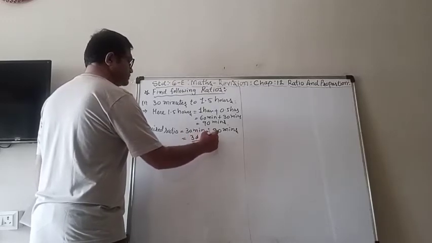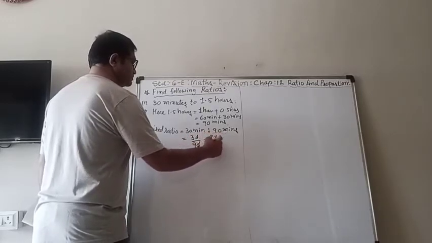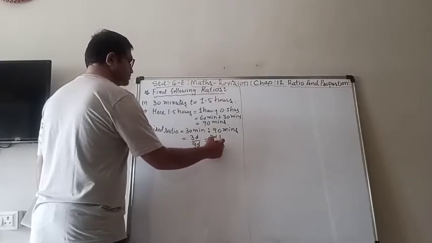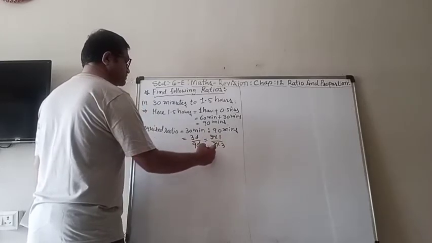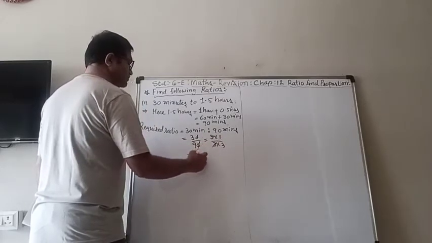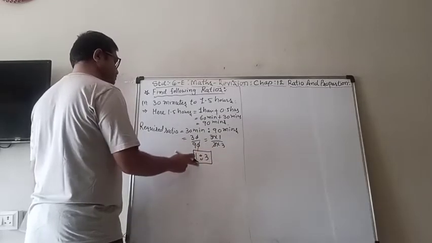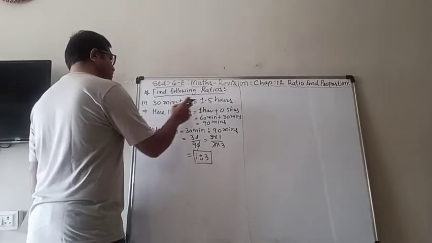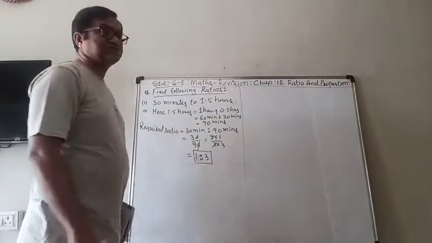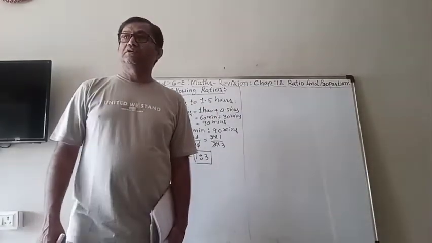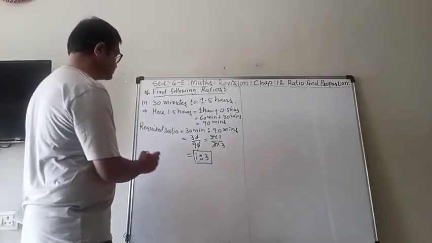Zeros are cancelled. 3 ones are 3, 3 threes are 9. 3 cancel. So the answer is 1:3. If you don't notice the different units, then you will get wrong answers.